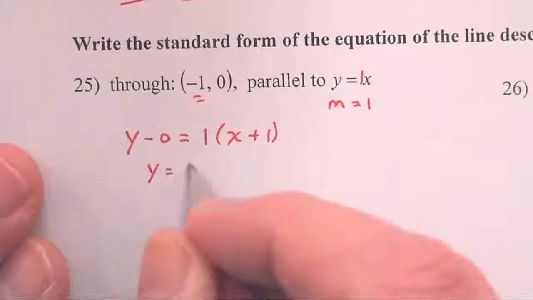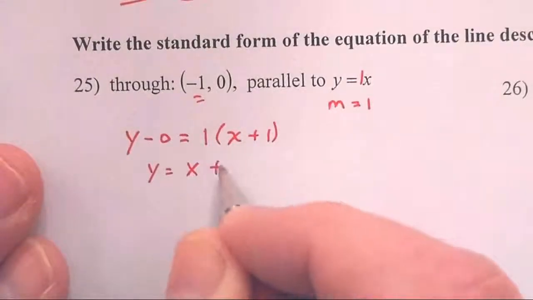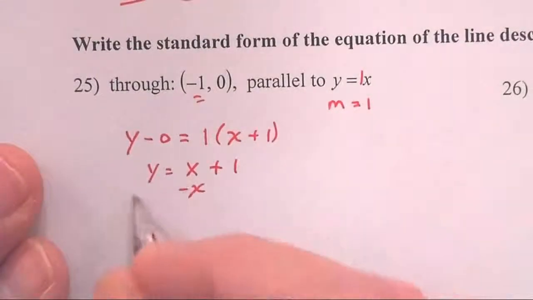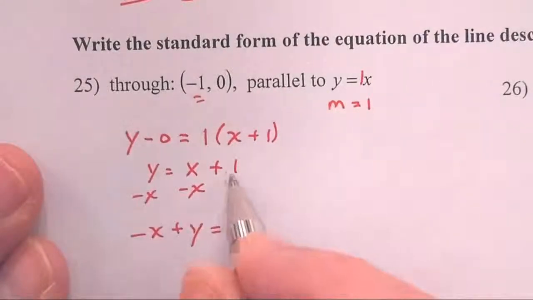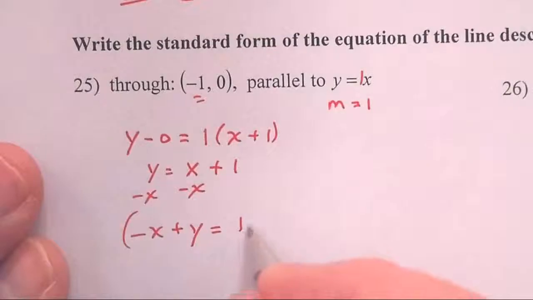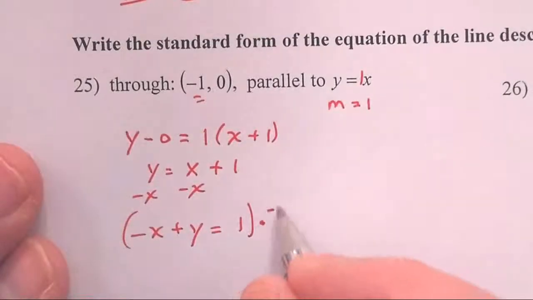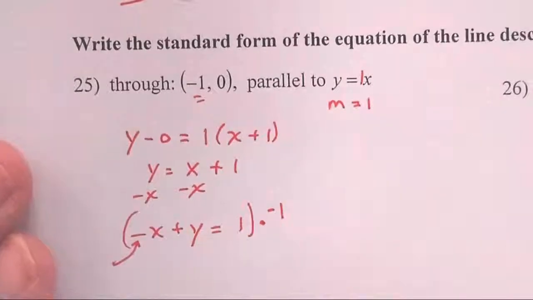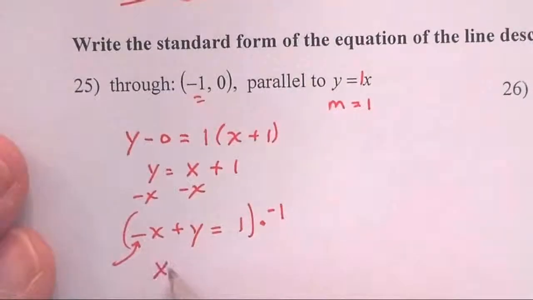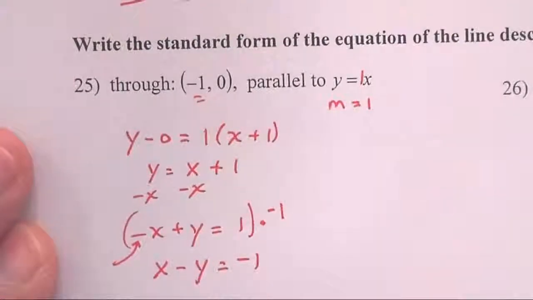Or y equals x plus 1. Subtract x, negative x joins a plus y, leaves behind a positive 1. Do I always multiply both sides by negative 1? Nope, only when I have a negative coefficient in front of x here. X minus y equals negative 1.